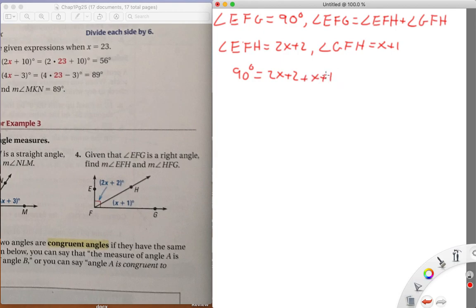Combine like terms, and I get 90 is equal to 3x plus 3. Subtract 3. I get, not 90, I get 87. It's equal to 3x divided by 3.